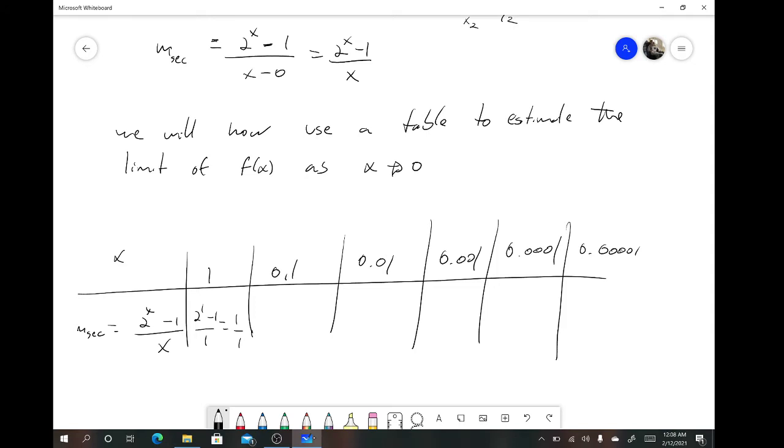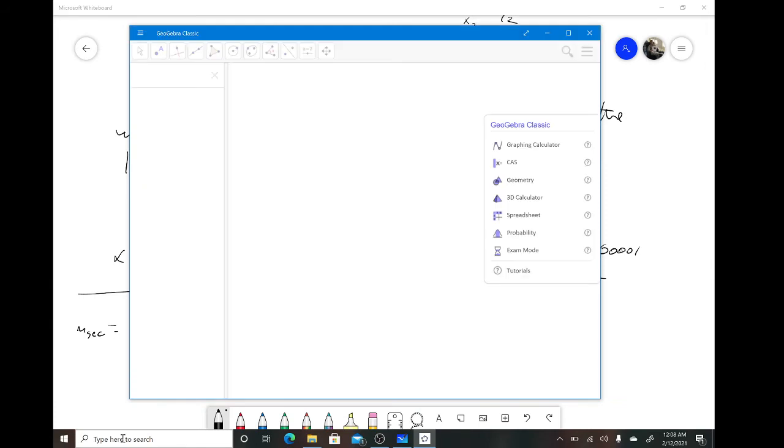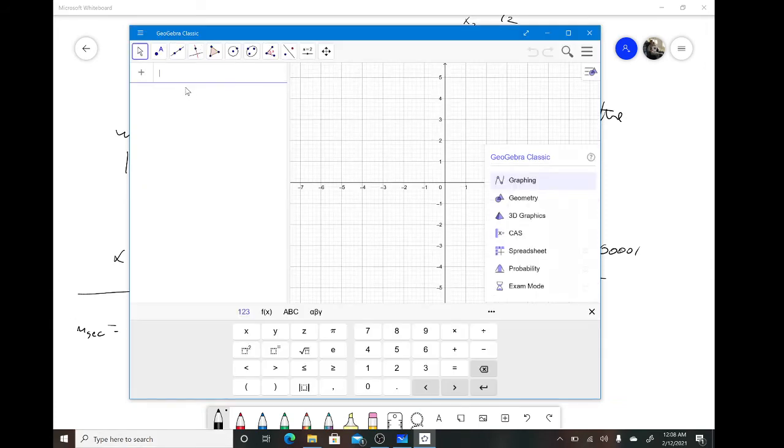So I'm going to hop on GeoGebra really quickly so I can show you this. So let's open up GeoGebra, and let me define my function. In this case, I could call it m.